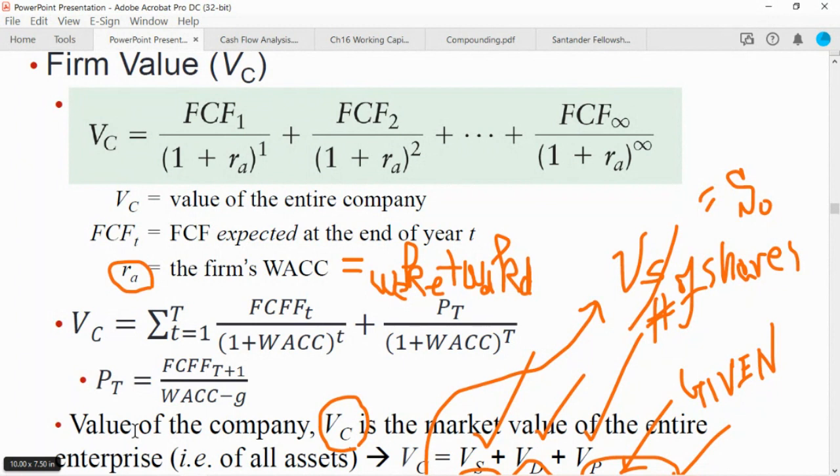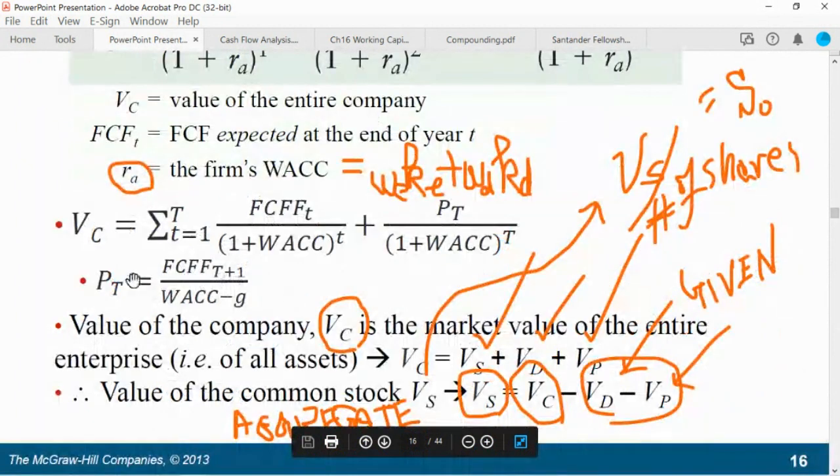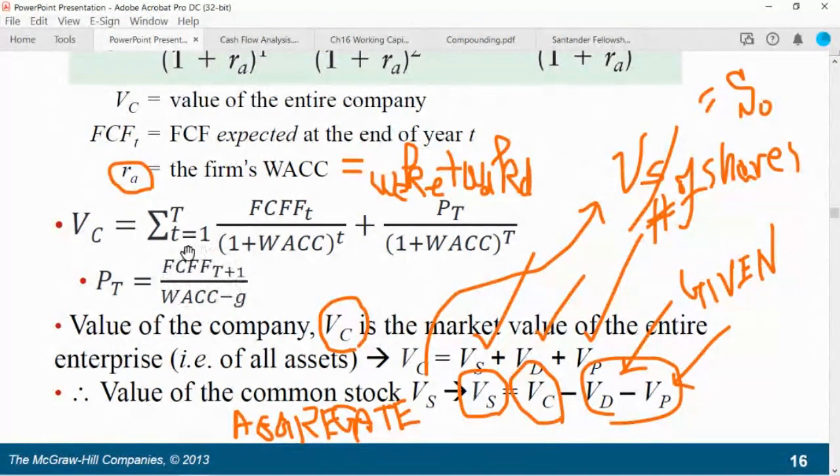It's almost the same formula as the present value. Of course it's present value, but where did you see this type of structure before?